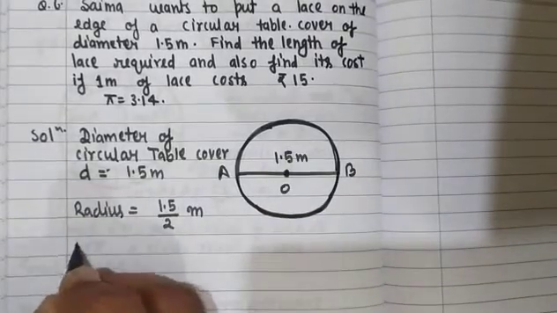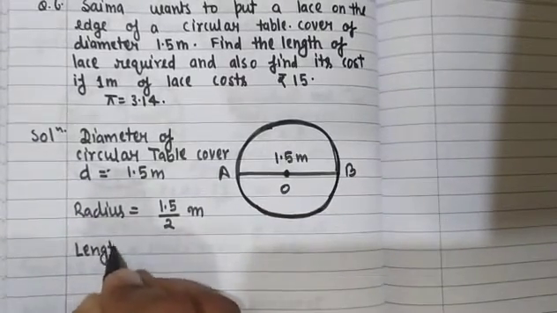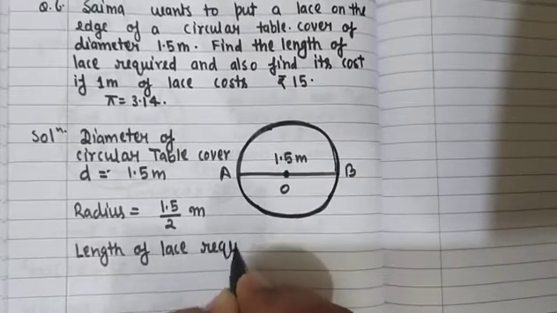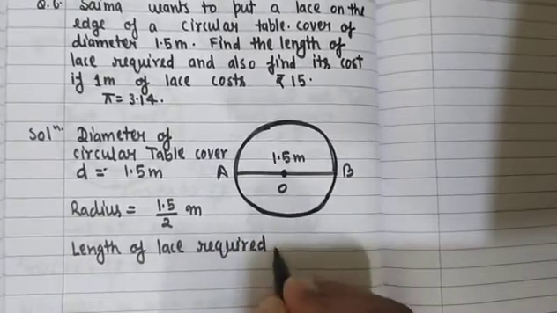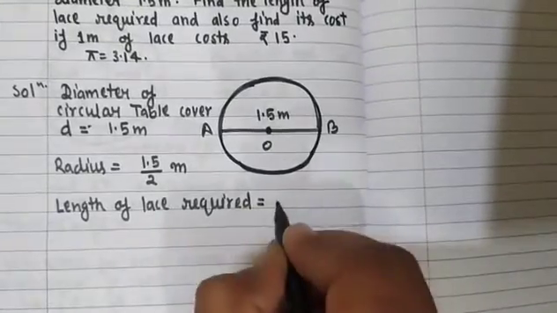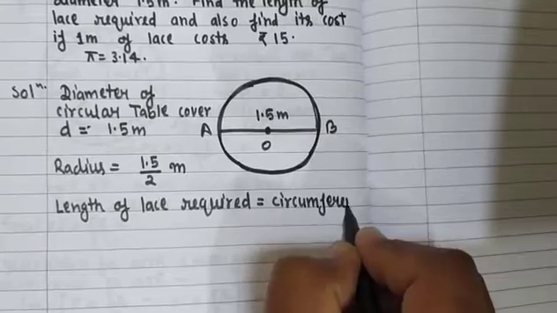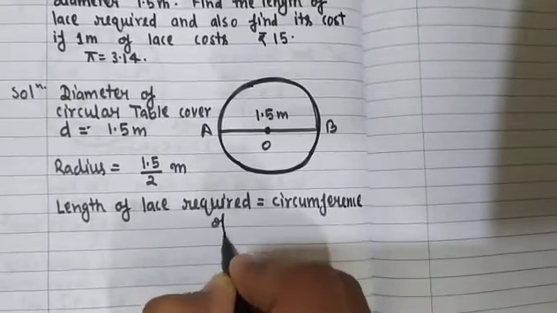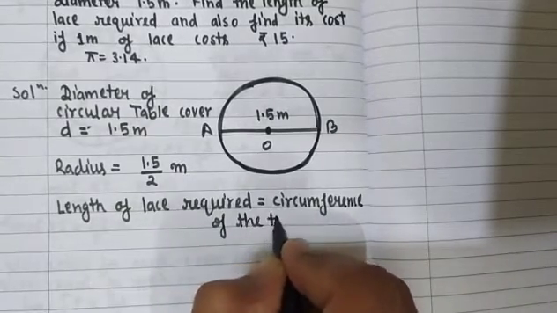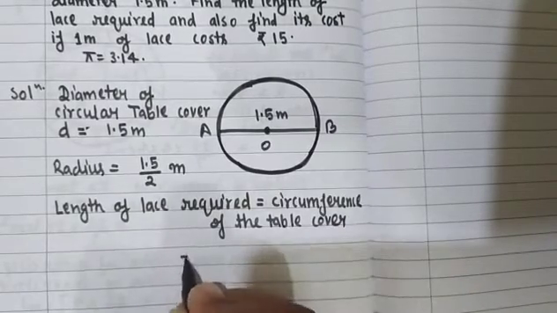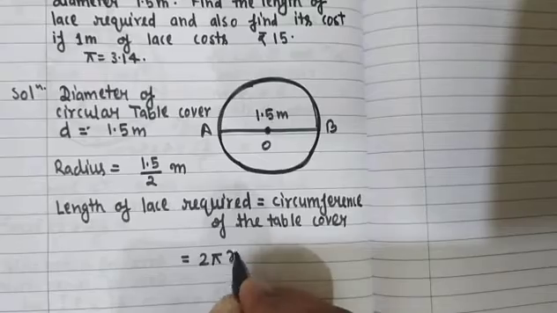Now length of lace required according to question, that will be equal to the circumference of the table cover, that will be equal to 2 pi r.